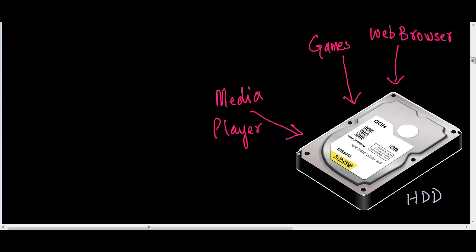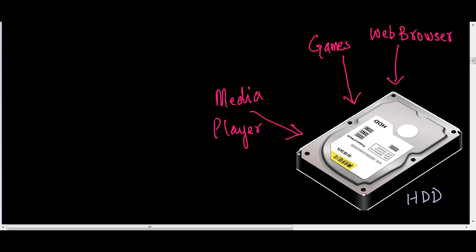I've just shown a few different types of applications that can be downloaded and installed on the hard disk drive. The web browser would be an example, the different games, and the media player that you would download and install on your computer system.